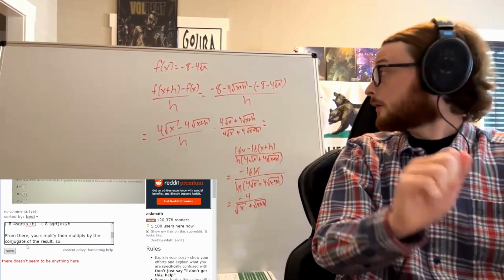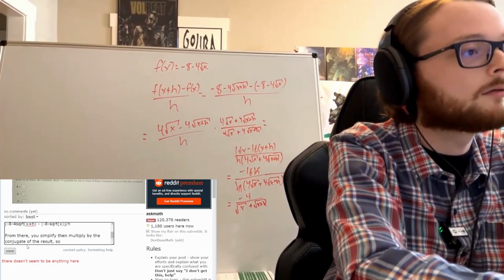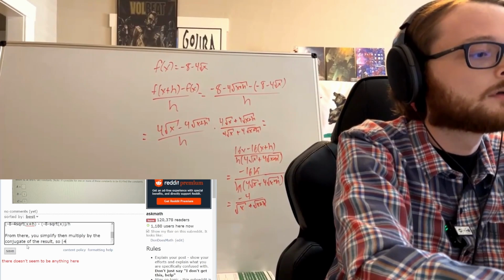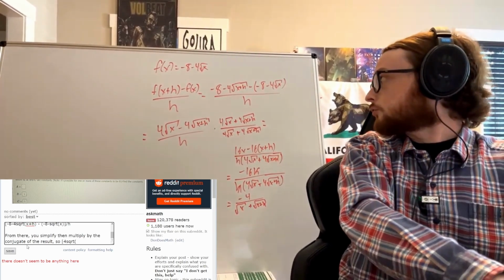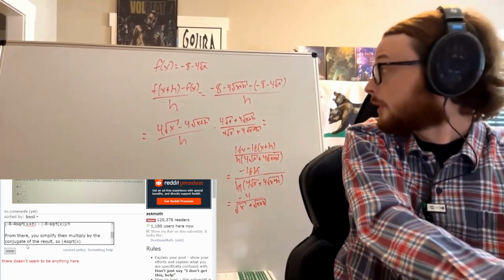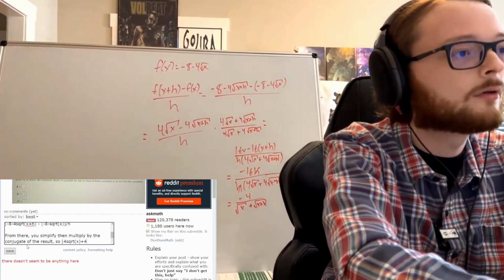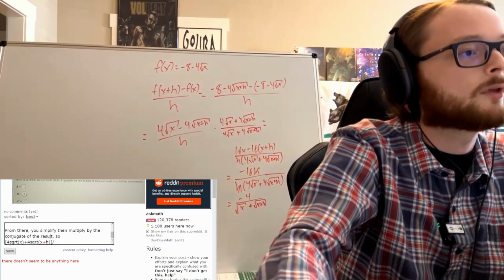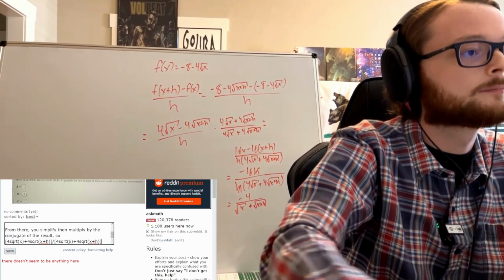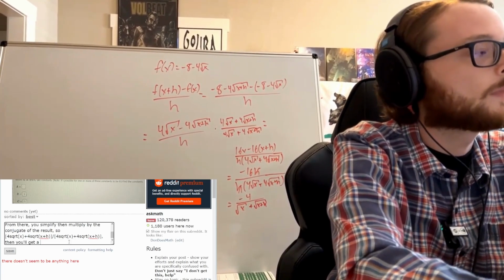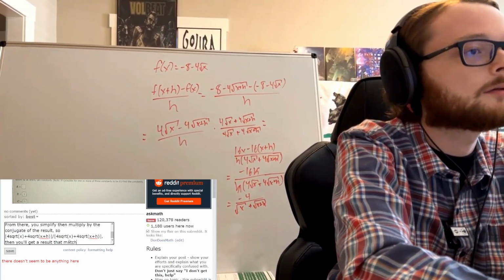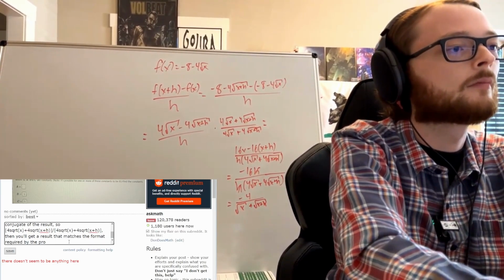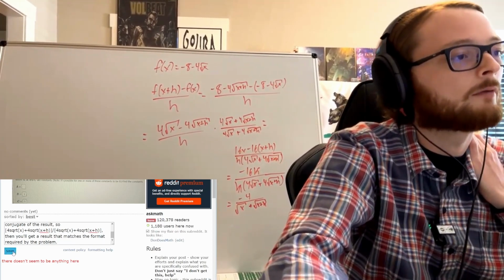So I multiply by 4 square root x plus 4 square root x plus h over the same thing. It's a result that matches the format required by the problem. Okay. Hope that helps the person.